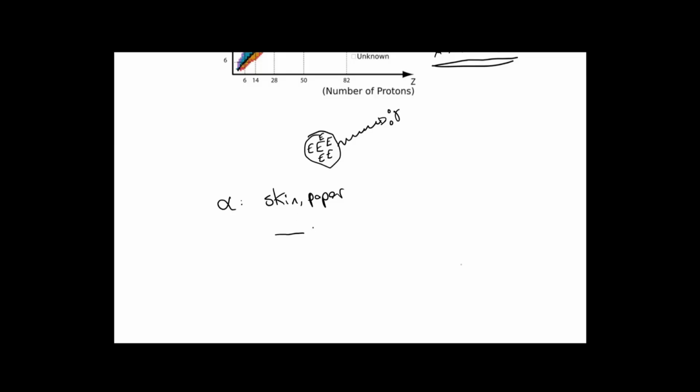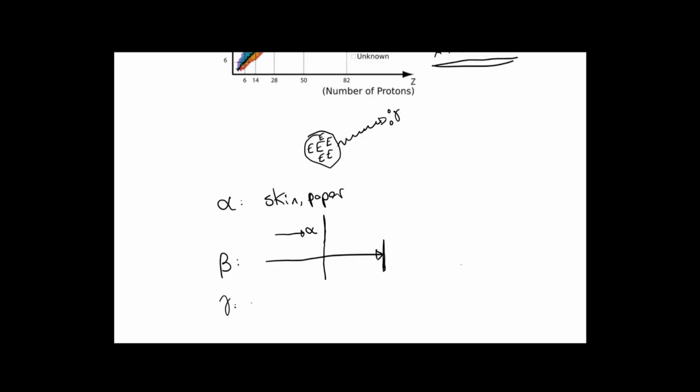If we have an alpha particle, it's going to move along until it hits this barrier, and it's not going to get through it. Beta radiation is going to go through that paper, and it's going to be stopped probably by a metal.